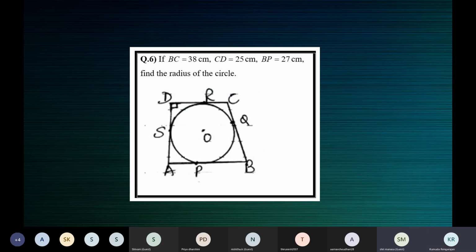This is the next one. This also we have done in the class. Find the radius of the circle.